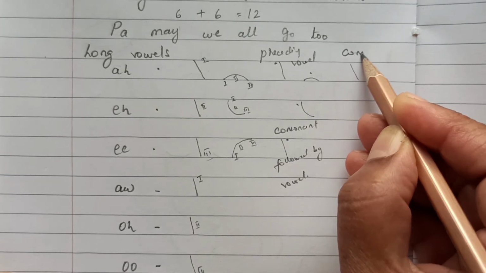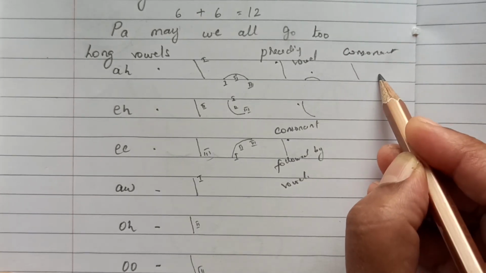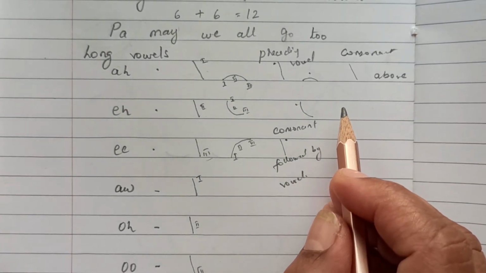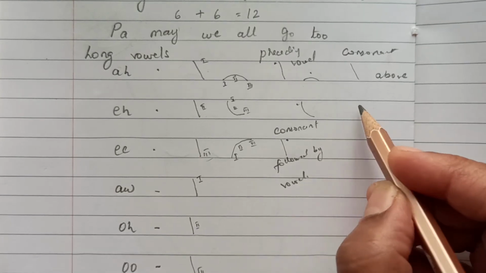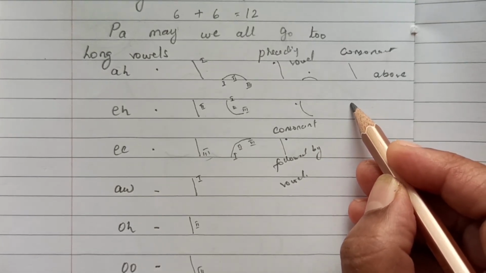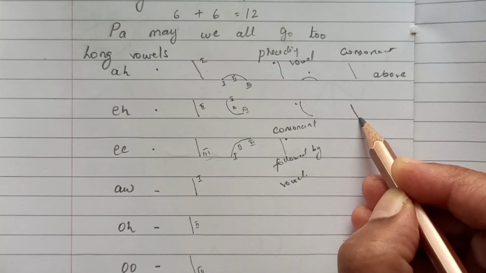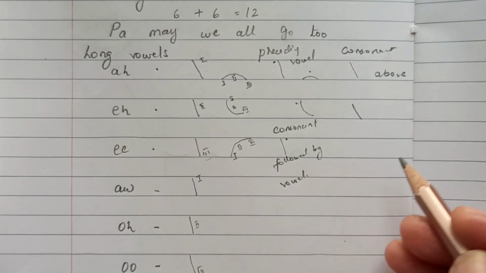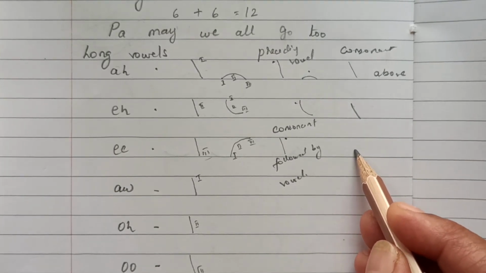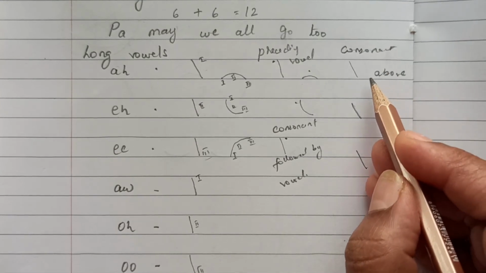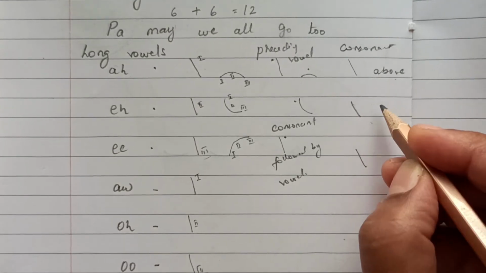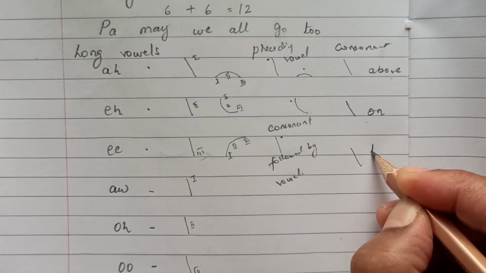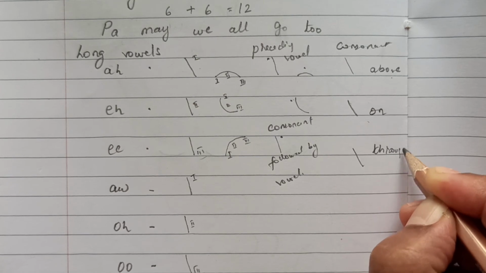And suppose a consonant comes in the second place, then the consonant will be placed on the line. And for the third place vowel, the consonant can be written through the line. So this is for first place vowel above the line, the second place vowel on the line, and the third place vowel through the line.